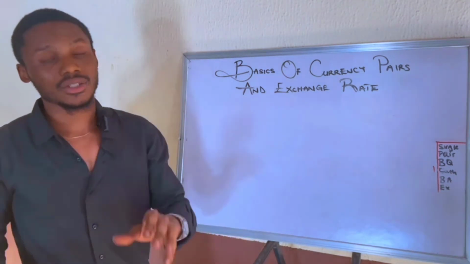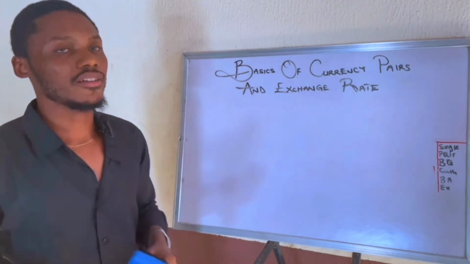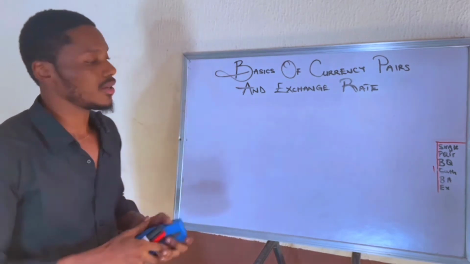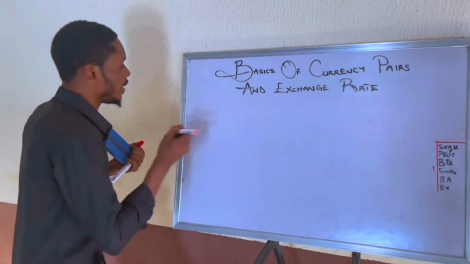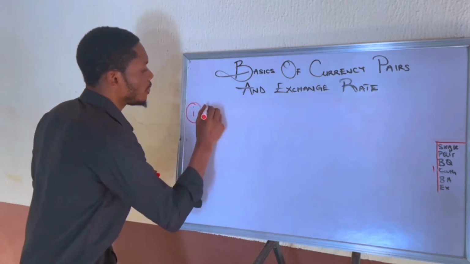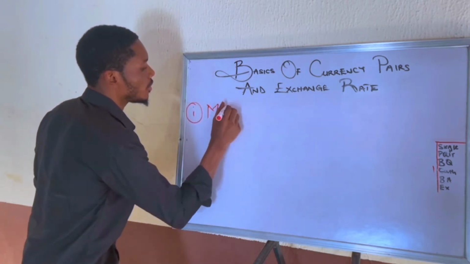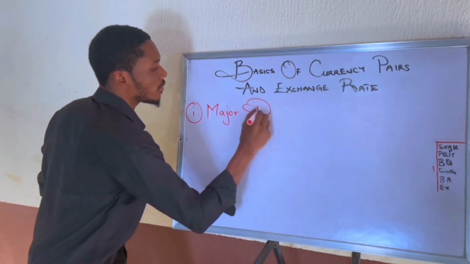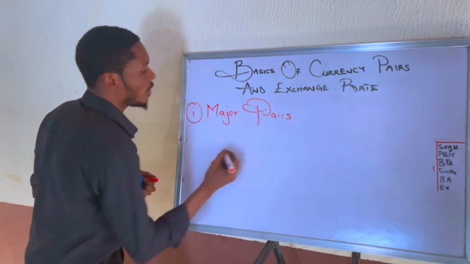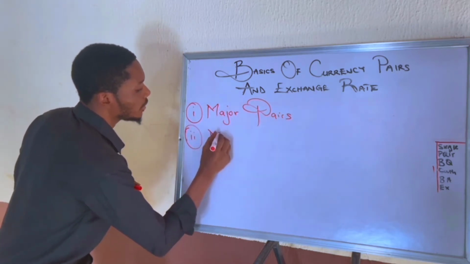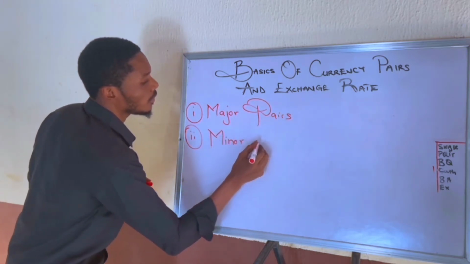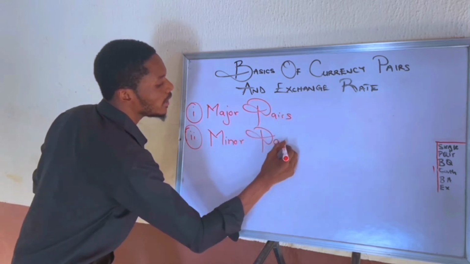Currency pairs are categorized into three levels, and these are based on power. Now, let me write that down. The first one here is the major pairs. The second is the minor pairs.